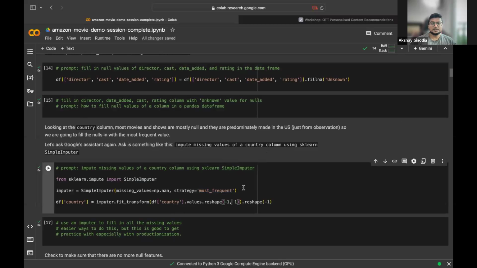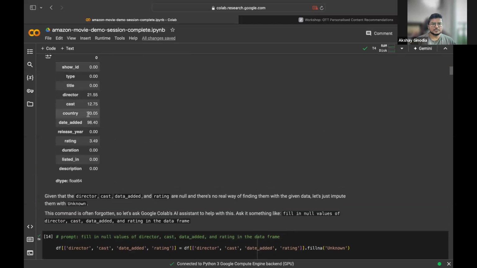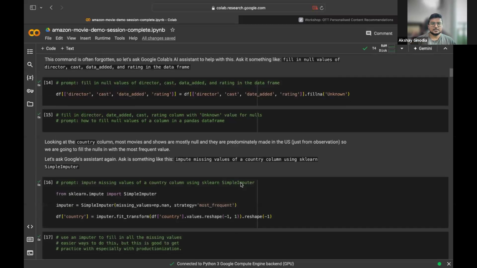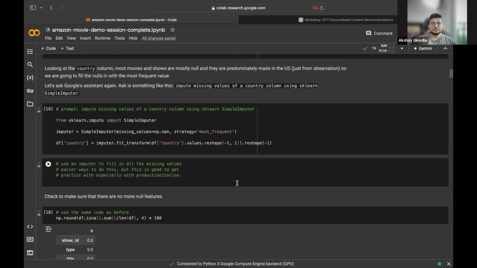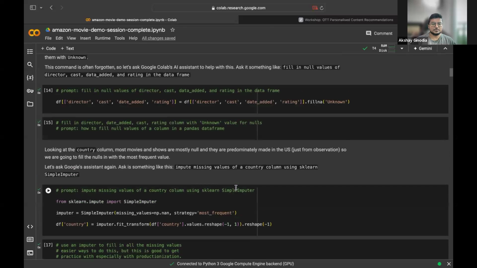Because the distribution of the countries is so heavily tipped towards US that for the missing values, it is likely that they are also US.